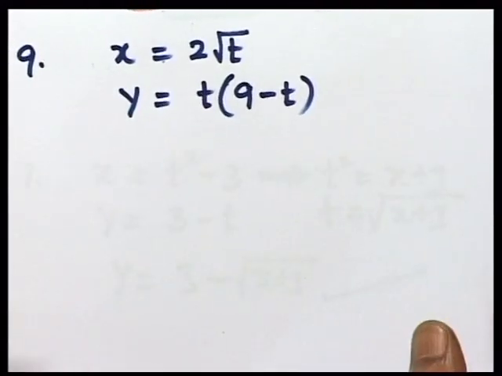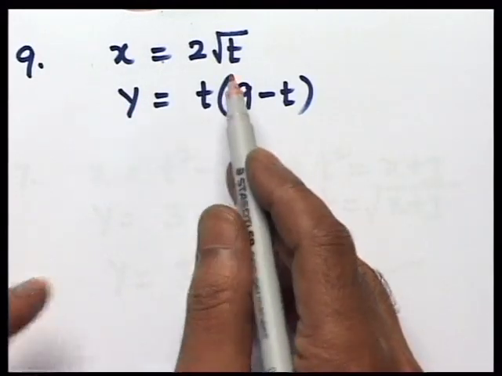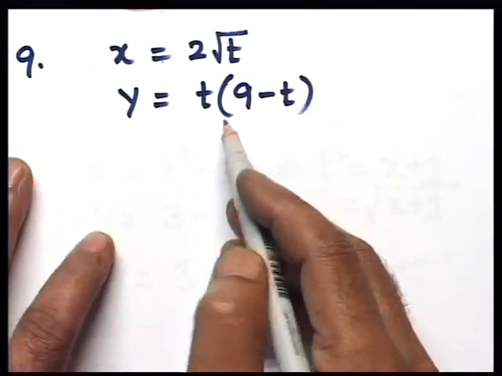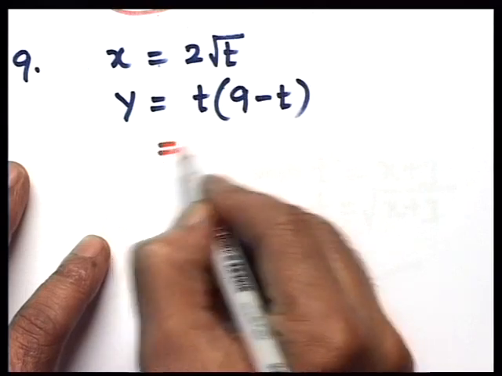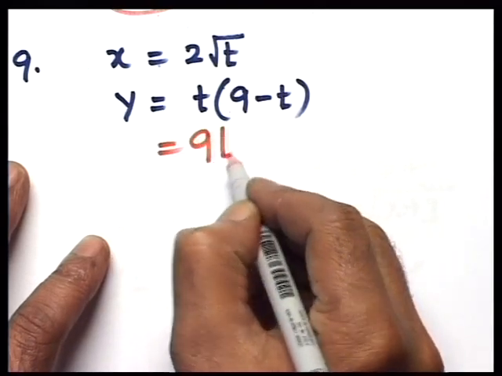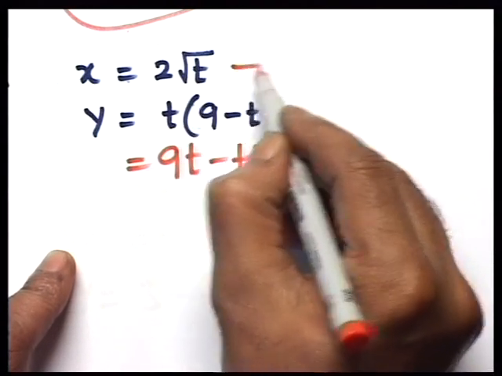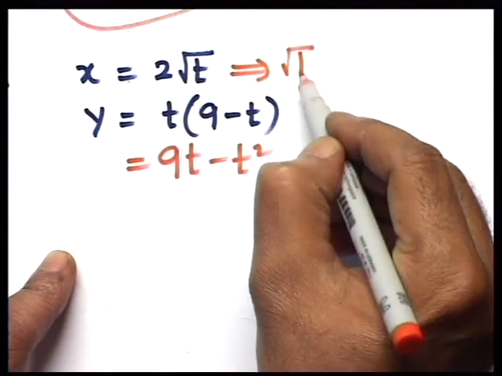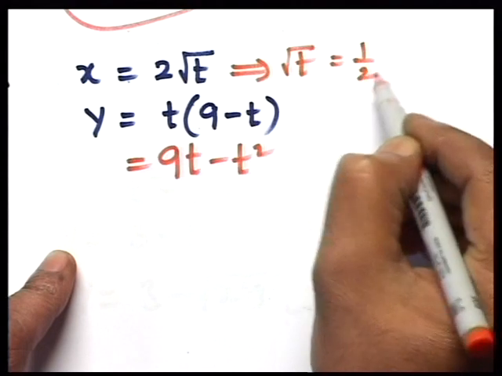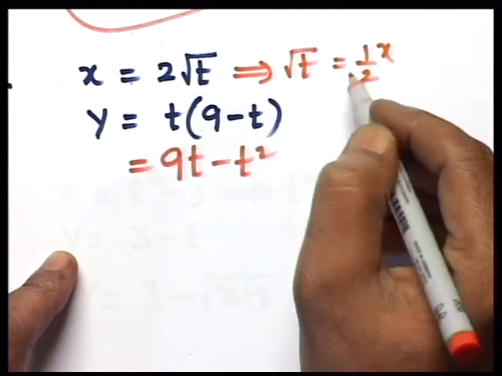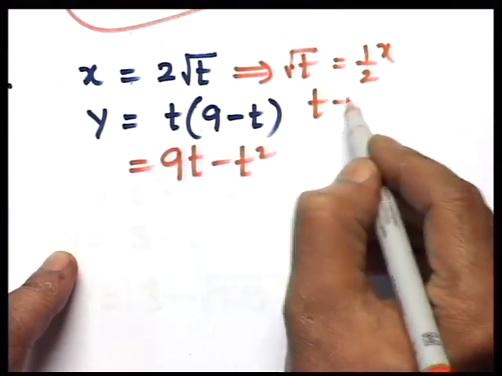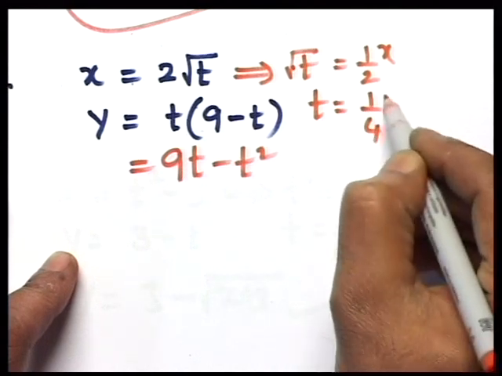Fancy this, please. That's x equals to 2 root t, and we can make t subject. Let's open the bracket here actually to see what happens. 9t minus t square. Okay. Now we go there, make t subject. Root t equals to half x or x over 2. Remove the root, so t is equal to 1/4 x square.